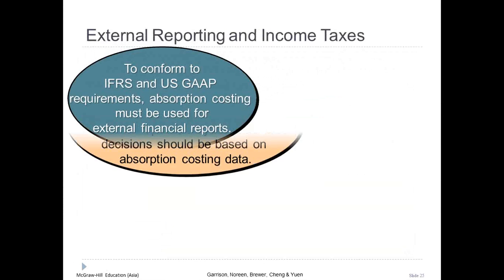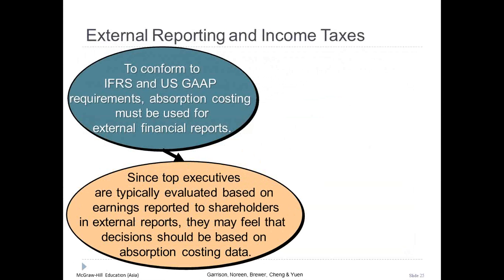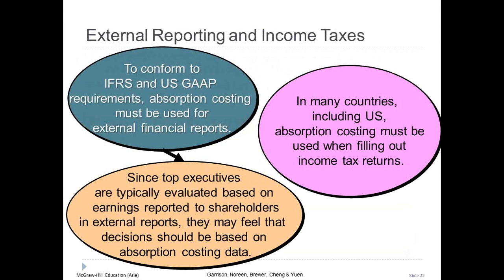So, external reporting and income taxes. Practically speaking, absorption costing is required for external reports in the United States and other countries that follow IFRS. In many countries, including the United States, a form of absorption costing must be used when filling out income tax forms.